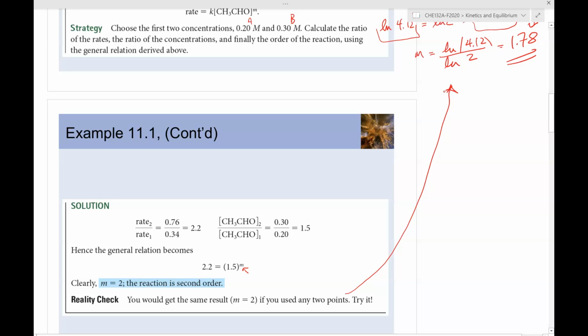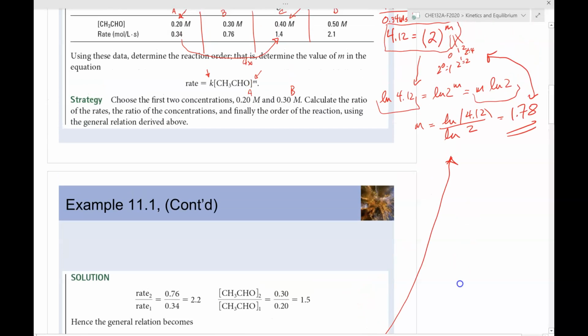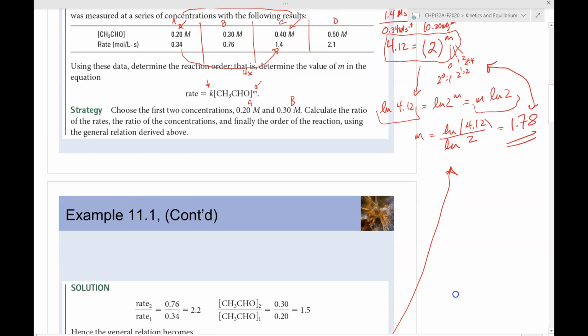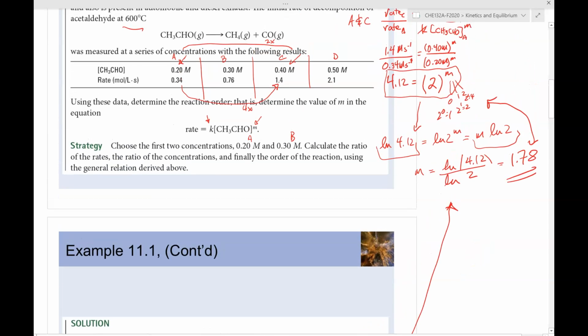Now, if we just say this is obviously second order, then what can we calculate for our actual K value?